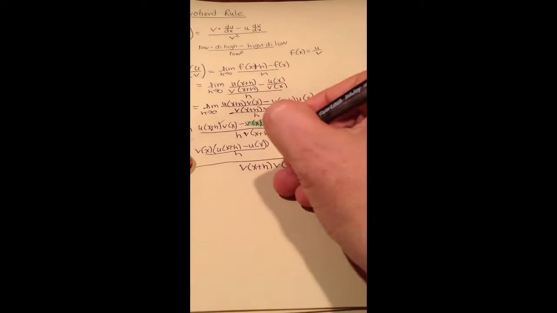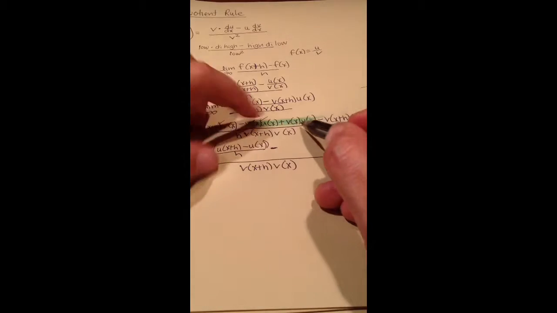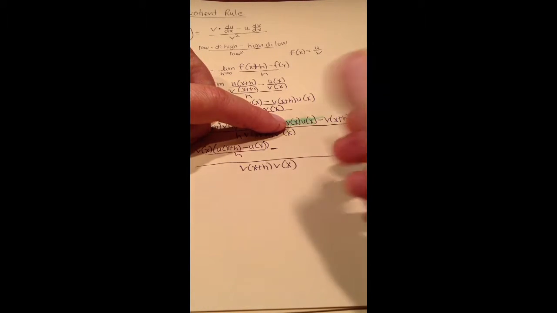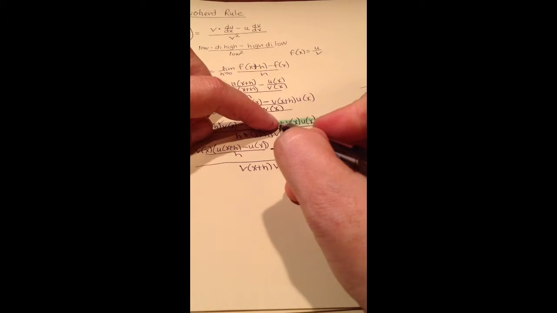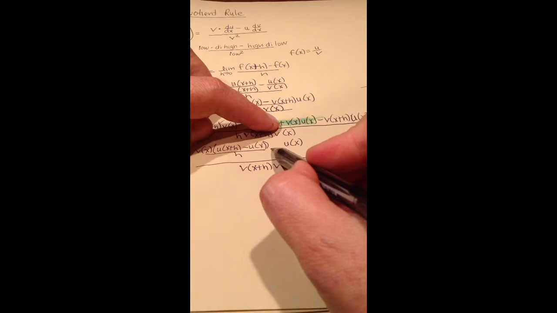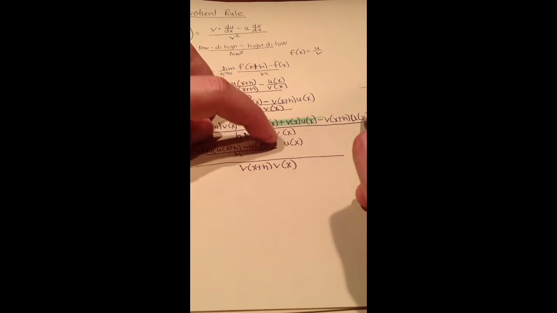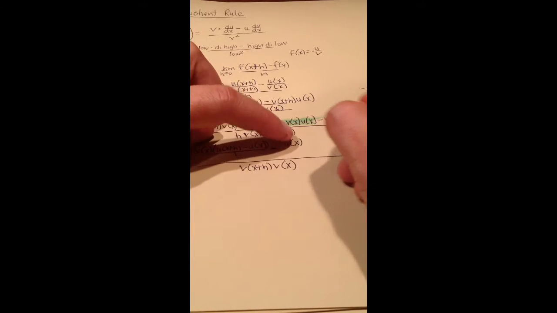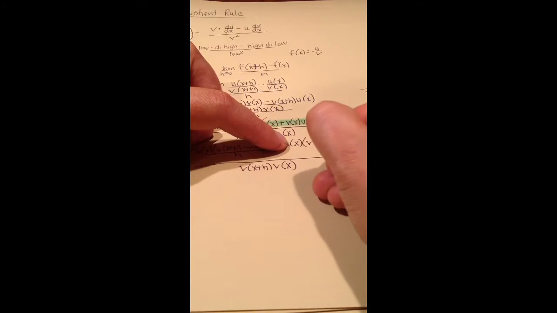Okay, now I'm going to go over here and I'm going to take these two values and pull a u of x out of both of these. Now I've got to be careful with the signs on this one because this sign is negative. So if I take negative u of x first, then I'm going to take this right here, and I'm going to be left with v of x plus h.